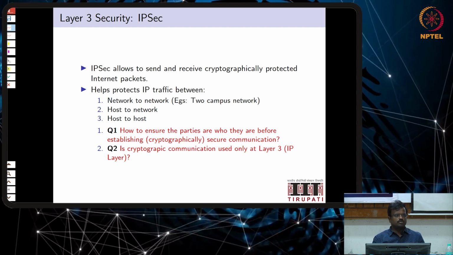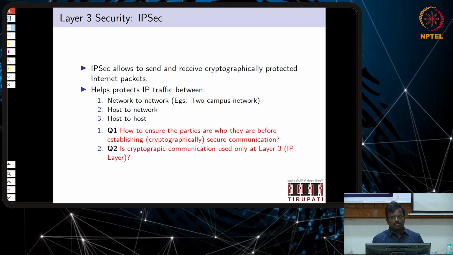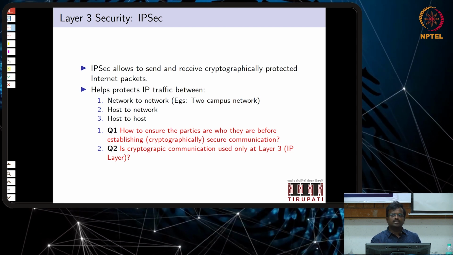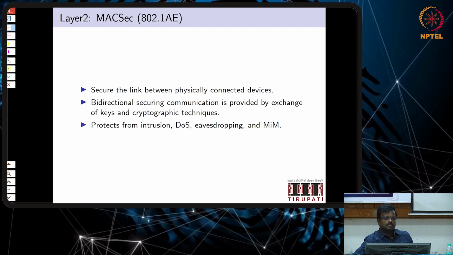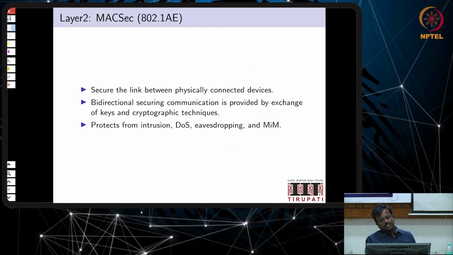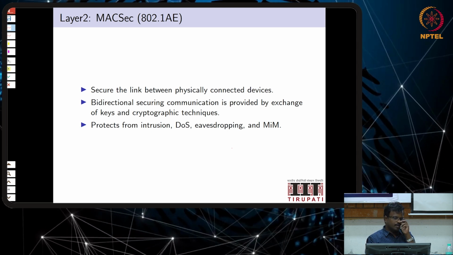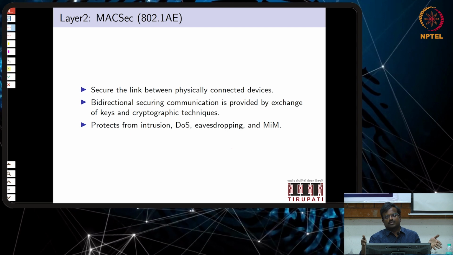Now the key question is, are we using cryptographic communication only in layer 3 like IPsec? No, not at all. Every layer you are using cryptographic security. Are we using something in the layer 2? Yes. It's called MACsec. So MACsec is used in very high profile or high critical infrastructure. People should not eavesdrop on the link.